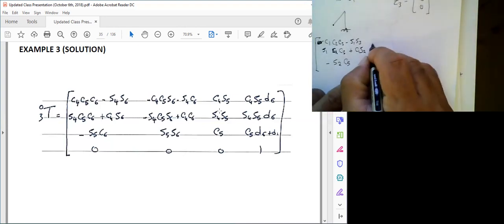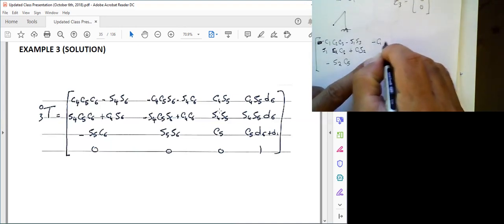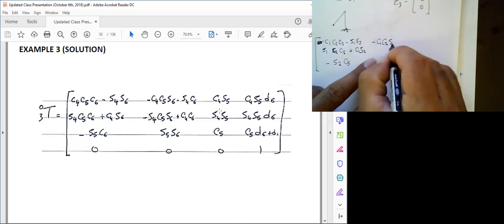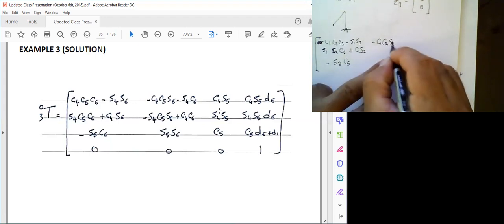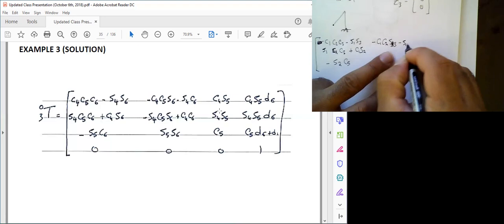On this row, I'm going to have minus C1, C2, S3. Okay, this is S3 minus S1. C6 is what? C6 is going to be my C3.